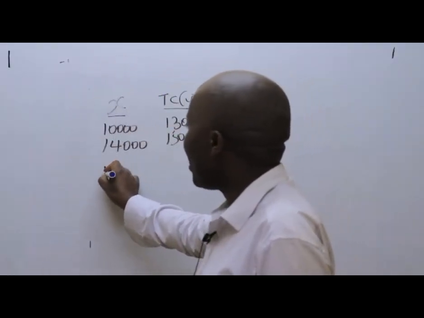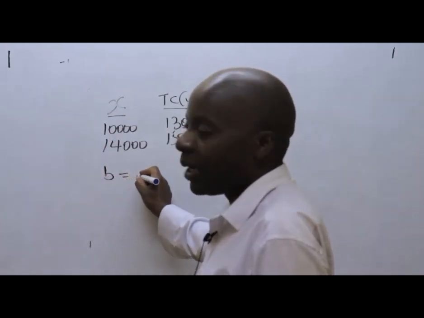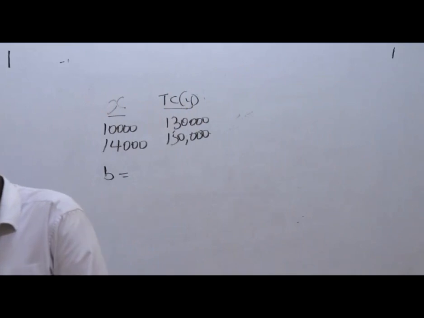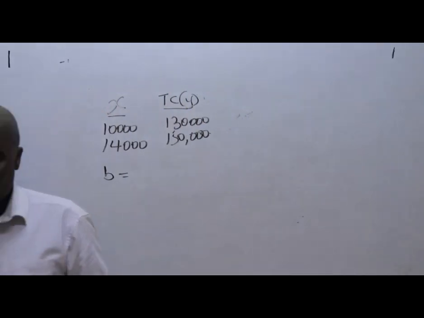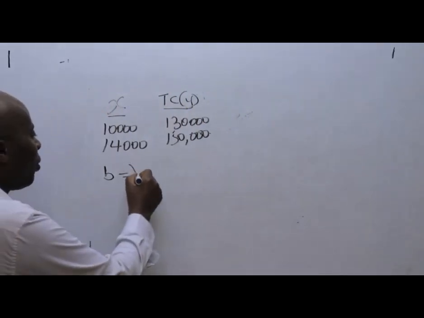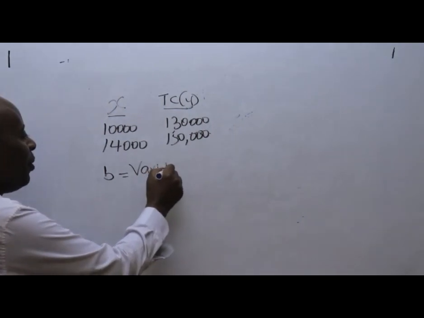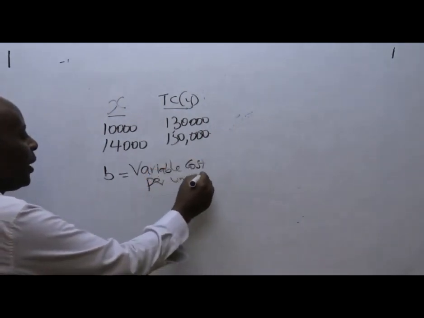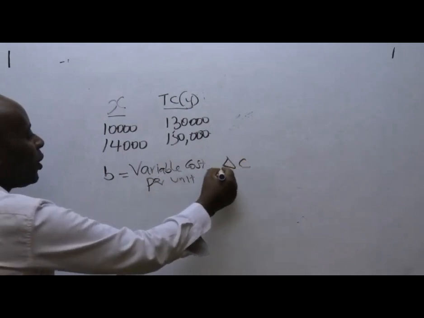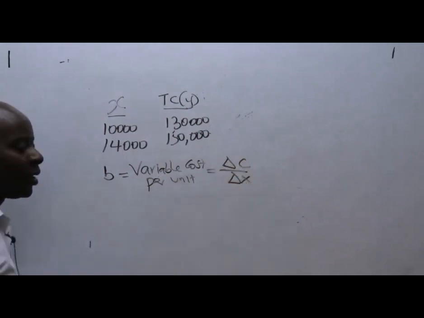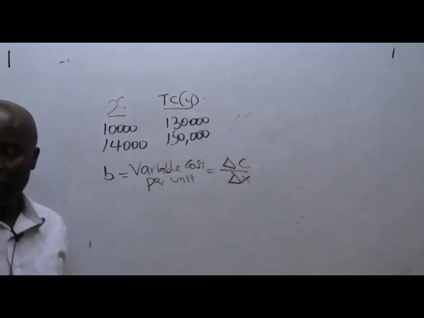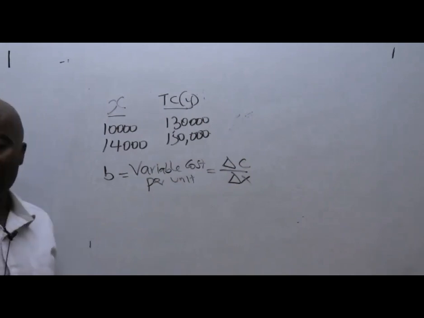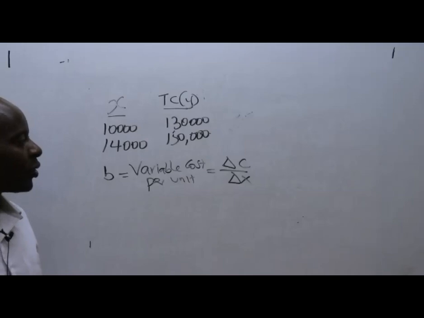The gradient, which is my B, will automatically be my variable cost per unit, and it will be equal to change in cost all over change in x.